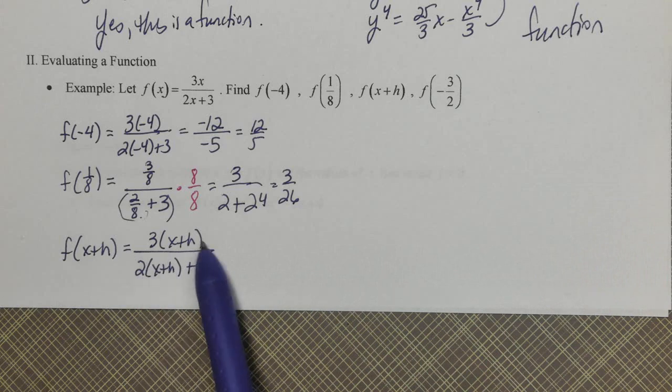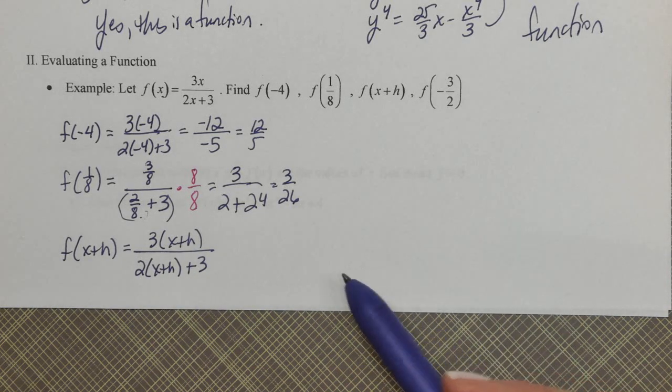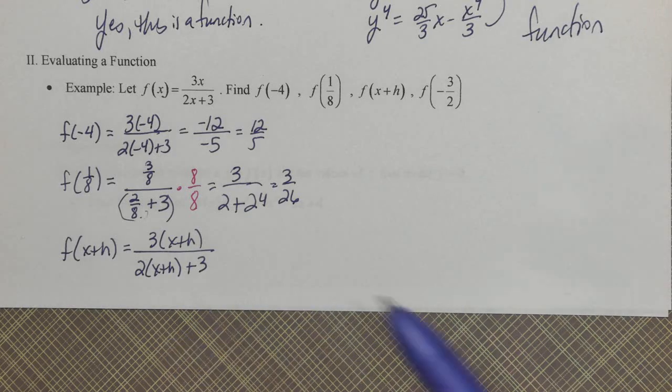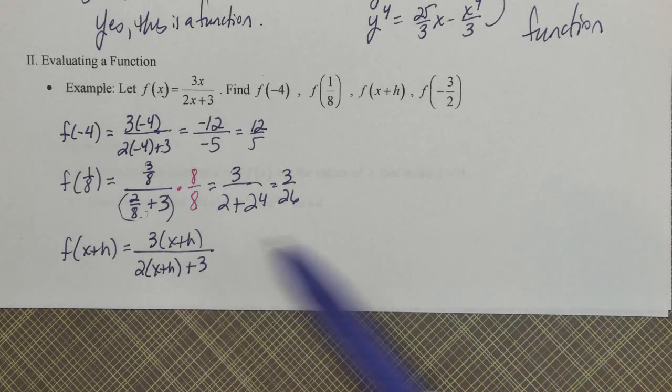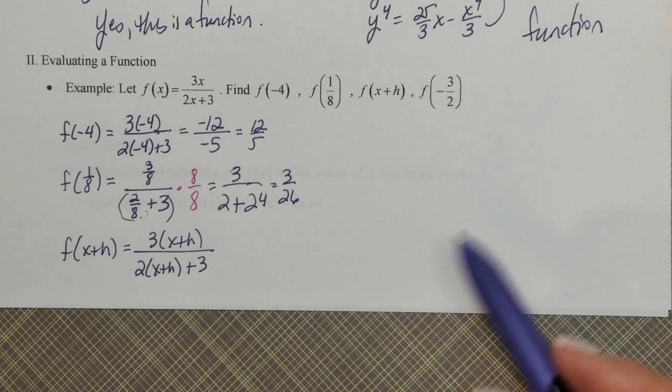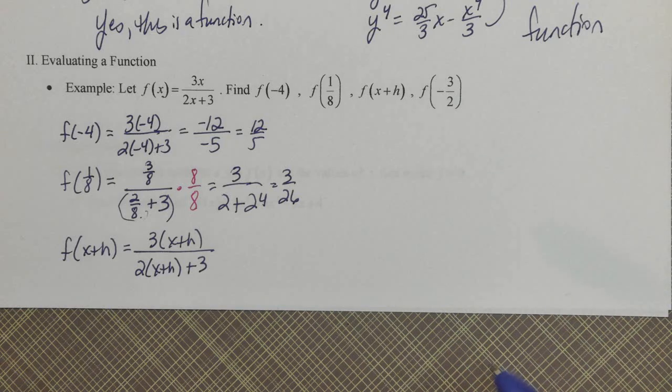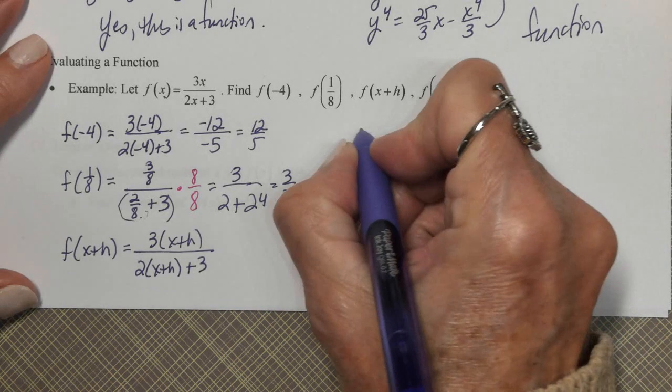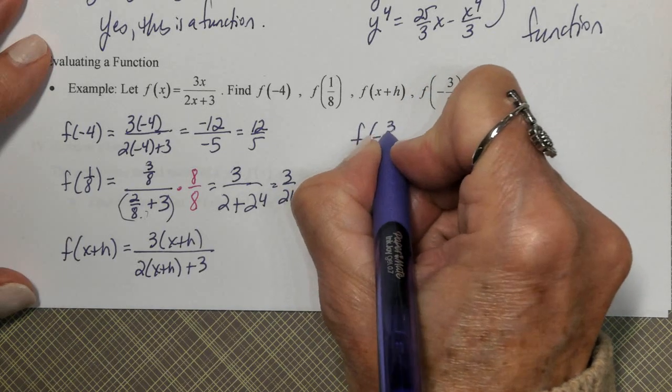And I could distribute. Okay, I could do some things with this, but since it's not a multiple choice question where I need to get anywhere, I think I'm just going to leave it like that. I don't think that distributing is going to help, quote, simplify very much here, so I'm just going to leave it like that.